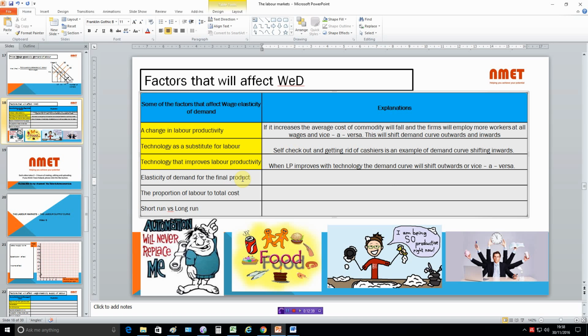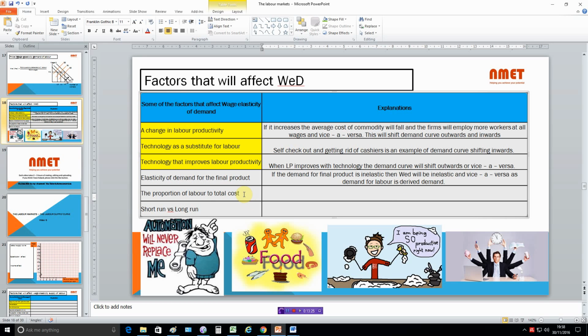It becomes inelastic, as demand for labor is derived demand, which is derived from the final good.